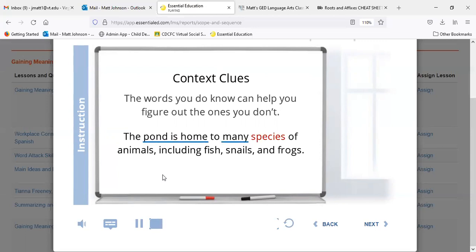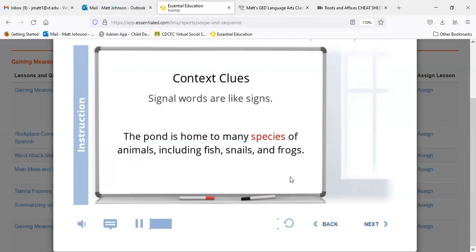It says the pond is home to many species. I also know that the idea of a species has something to do with animals. The text says species of animals, so I may not know what the word means yet, but I'm off to a good start. So, now that I've given some thought about what I know, I look for signal words.